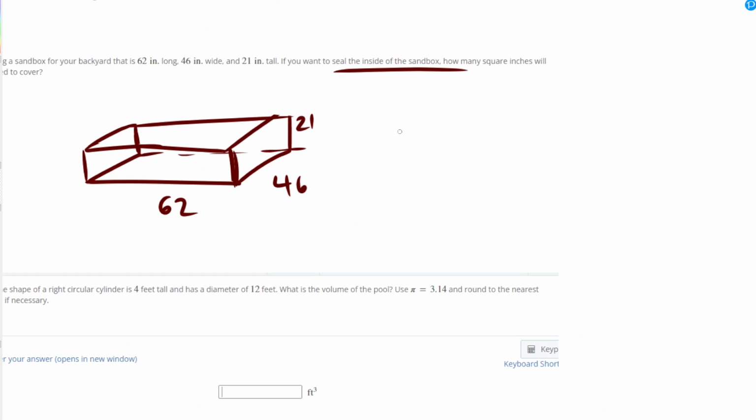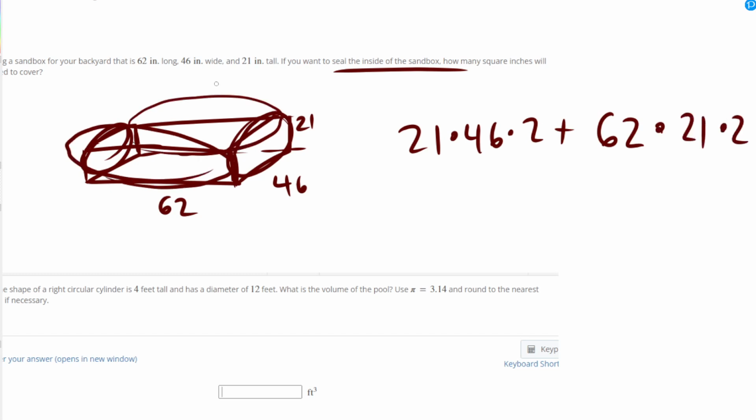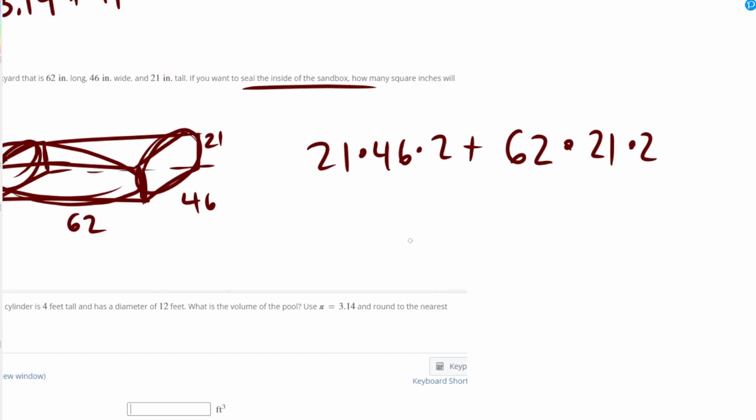So what we can do is 21 times 46 times 2. That'll give us this side and this side. And then if we take 62 plus 62 times 21 times 2, that'll give us these two sides right here. We don't need to worry about the top, to my knowledge.